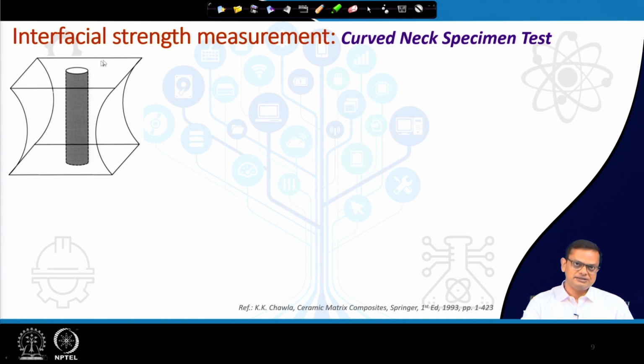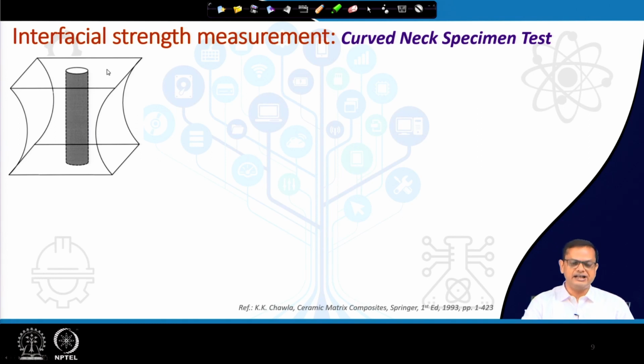From the specimen shape, you can see why it has this name. This is the matrix material, made in a particular shape. The middle portion is carved like this, and there is a single fiber placed centrally in this specimen.